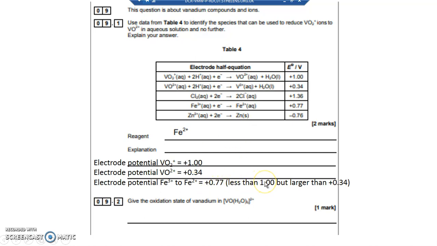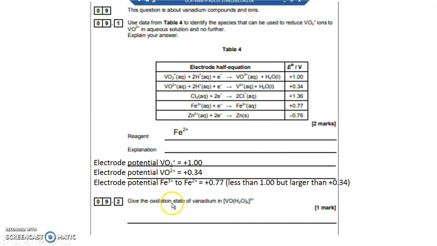It's less than 1, 0.77. So if you combine those two, 1 take away 0.77 is 0.23. So this top one goes ahead. But it's larger than plus 0.34. 0.77 is larger than plus 0.34. So if you reverse it around the other way and it becomes minus 0.77 plus 0.34, you're going to get a minus 0.43. And that's not going to go ahead.